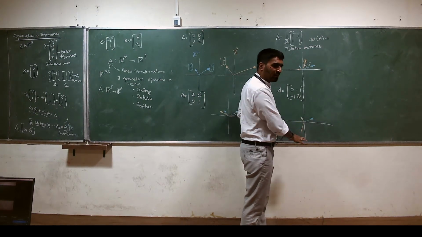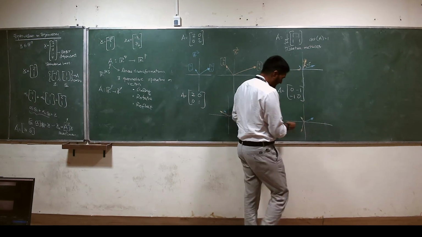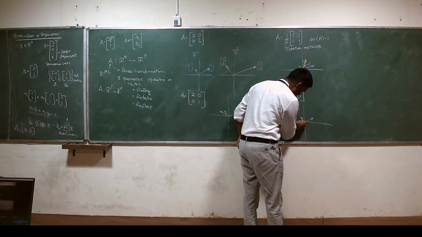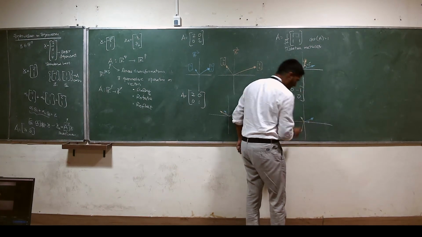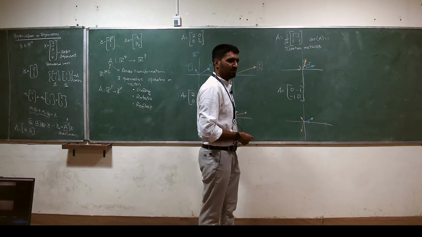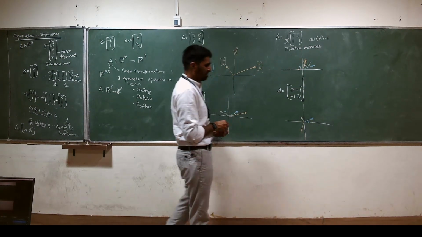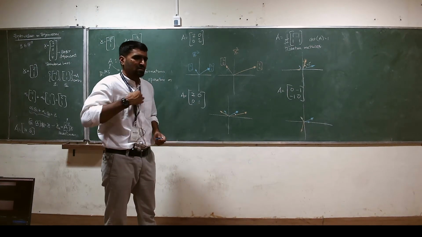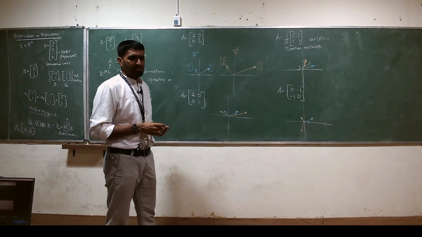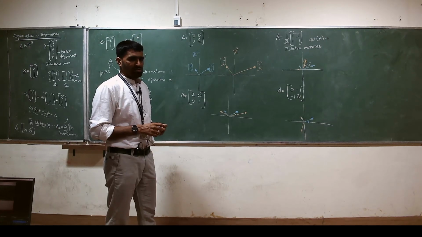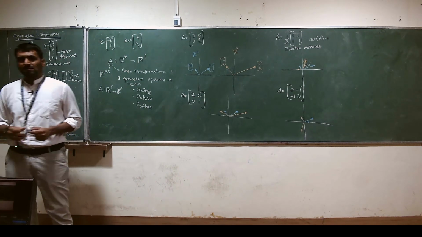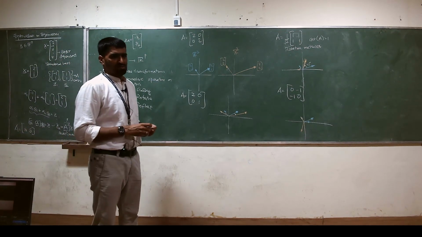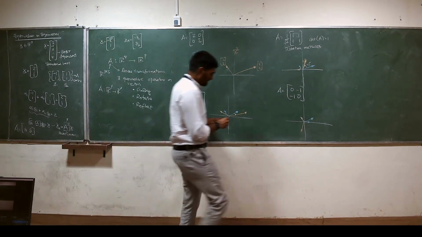This probably is not enough to figure out what is going on. Let's look at another example. Let's look at what happens to E1. What happens to E1? -1, 0.